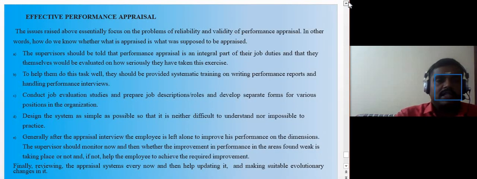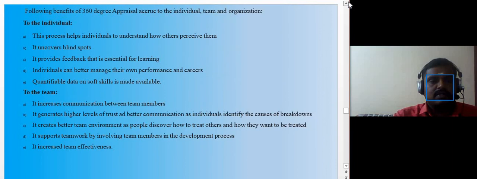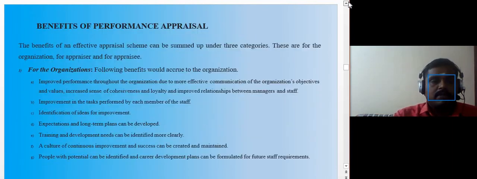So these are all the aspects we discussed in performance appraisal.